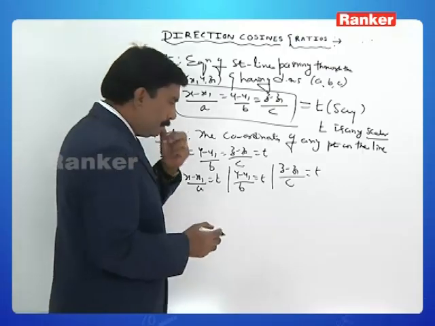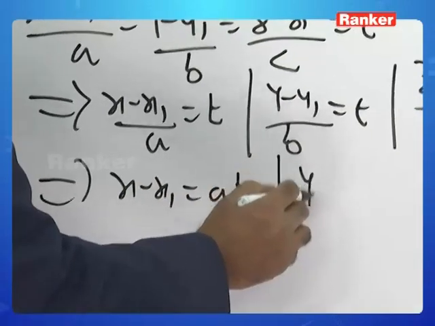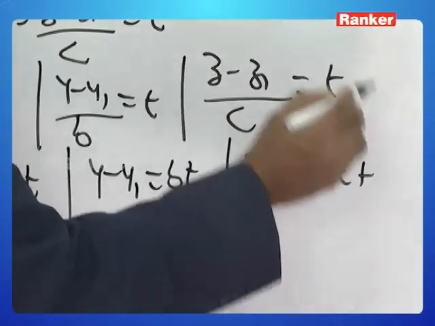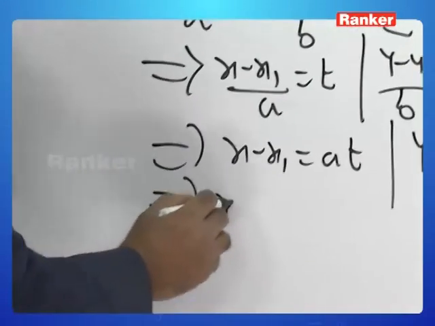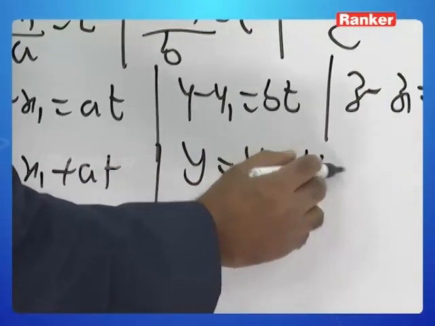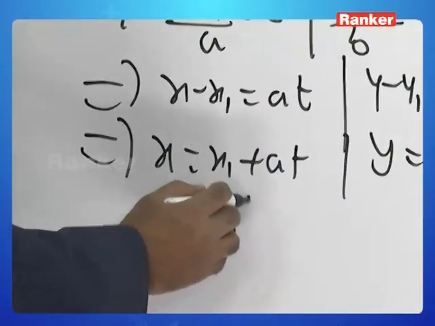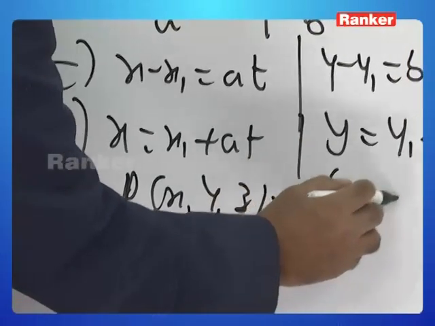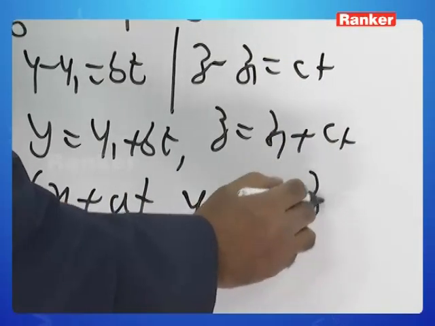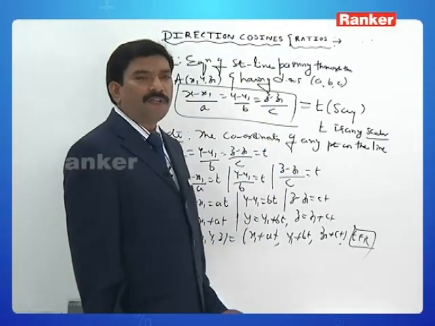Which implies x minus x1 is equal to at, y minus y1 is equal to bt, z minus z1 is equal to ct, which implies x is equal to x1 plus at, y is equal to y1 plus bt and z is equal to z1 plus ct. So therefore, P of x, y, z can be written as (x1 plus at, y1 plus bt, z1 plus ct), where t belongs to R.